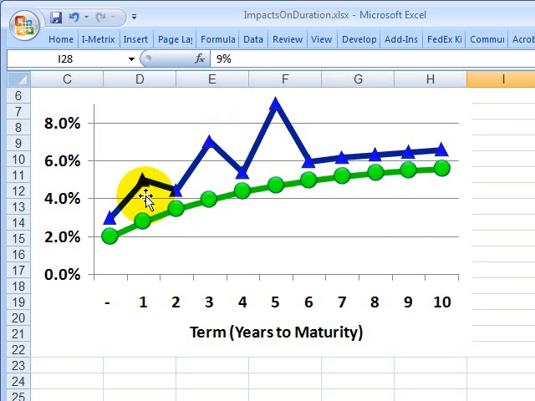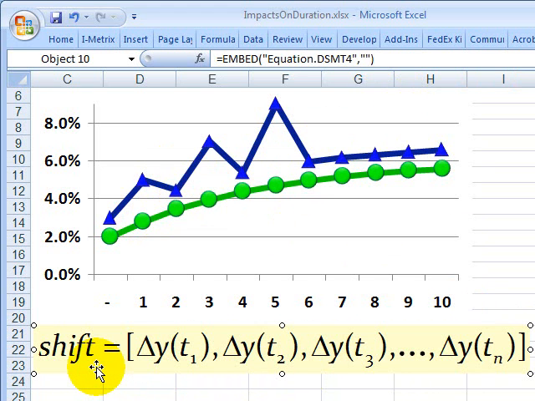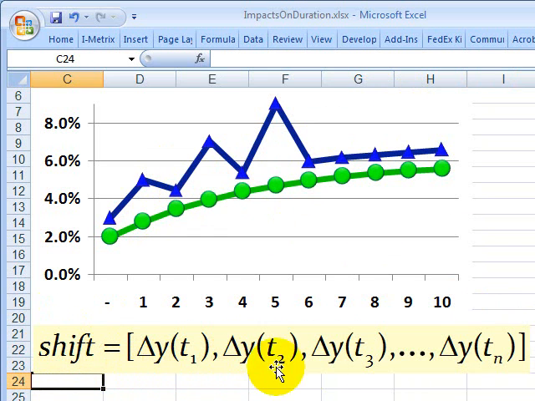And I can still collectively, if I shock all of these rates up by say 1%, then the collective vector of key rate changes will approximate that parallel shift of 1%. So what I have with the key rate shift technique here is the shift in the term structure is a function of, not one parallel shift, as is the case with duration, but instead a vector of key rate shifts.